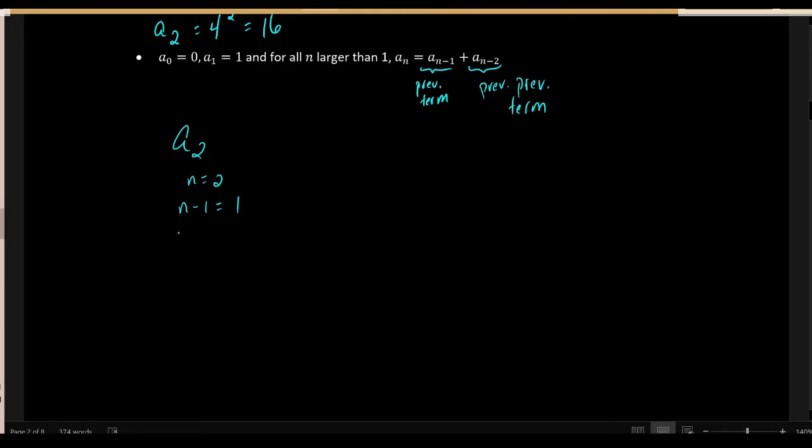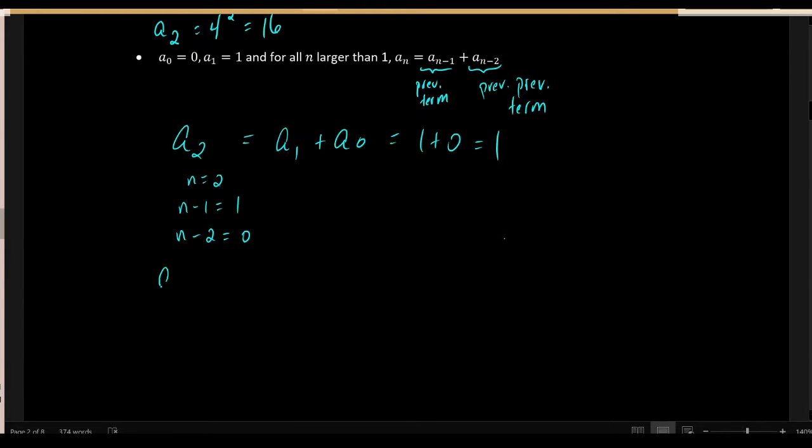Two steps back would be n minus 2 equals 0. So if I wanted to calculate the value of a2, I could take the value of a1, one step back, and add the value of a0, two steps back, which I'm told is 1 and 0.